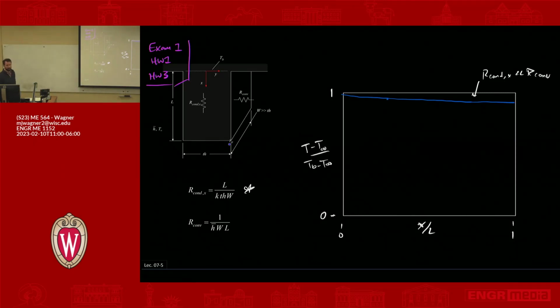Right, it's going to go straight down. So something like this. So this is our conduction in x is much, much greater than our convection. And then you can imagine all the cases in between. They're going to get this family of curves that kind of do this.